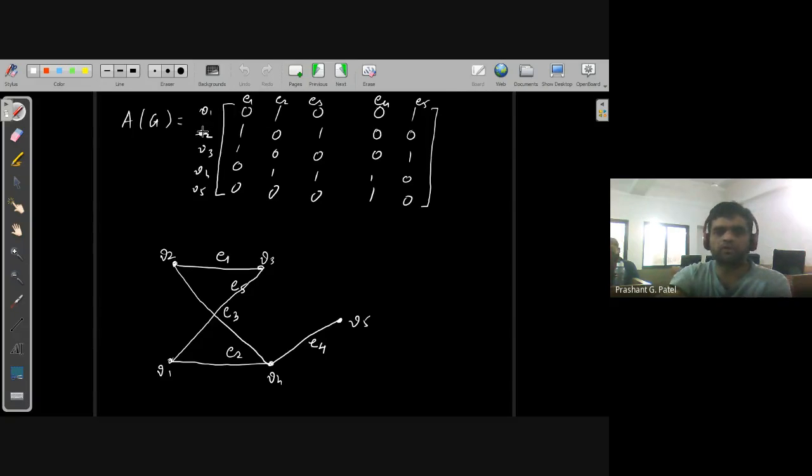For example, in the first row there are two ones. So what will that represent? It will represent the degree of that vertex. For example, in row 4 there are three ones, so that represents the degree of the vertex V4.